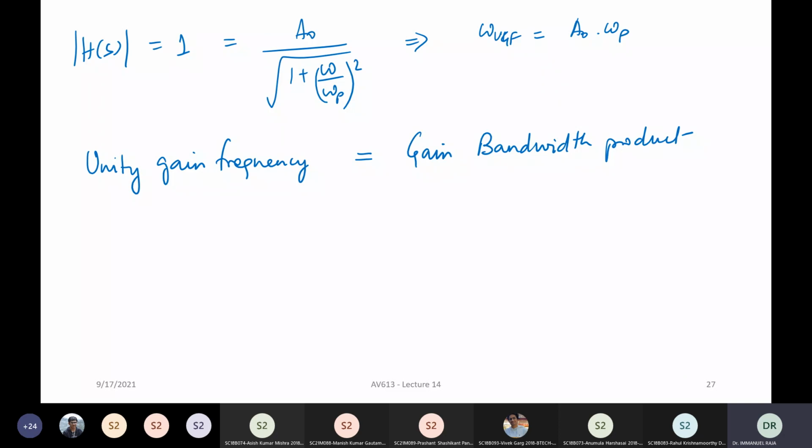Every op-amp that you would design, you will make sure that it becomes a single pole system, and you talk about the unity gain bandwidth of your op-amp or the gain bandwidth product of your op-amp. So we will continue in next week's class. Any doubts? Any questions so far? Sir, this statement is true for only single pole system, right? Yes. For a one pole system.